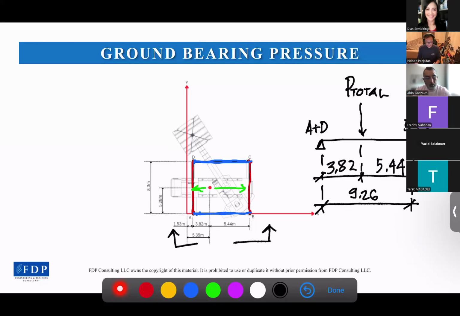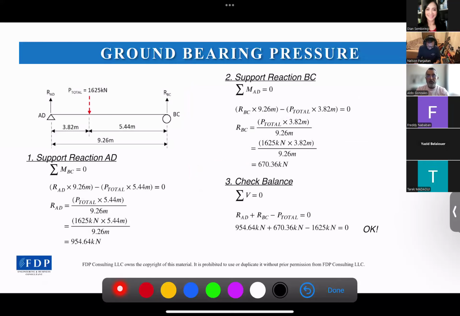Yes, fine by me. Okay. Now, so it will be like this. The P total we got is 1,625, and then we calculate by using the determinate static. So total moment at BC equals 0 to get the support reaction at AD here.